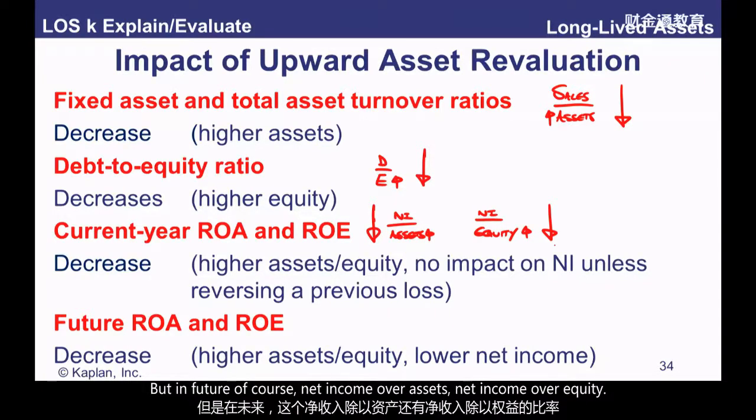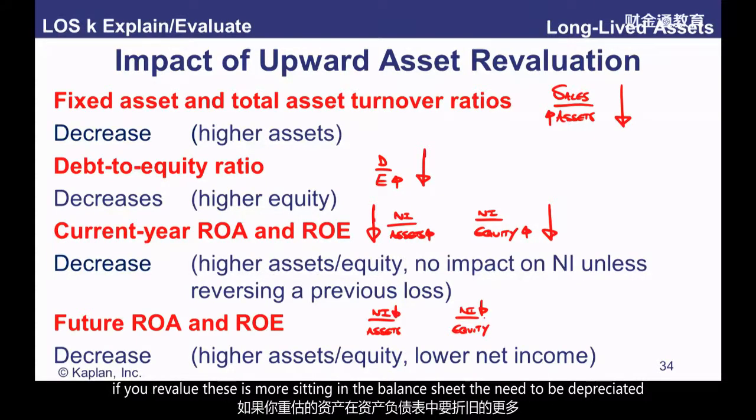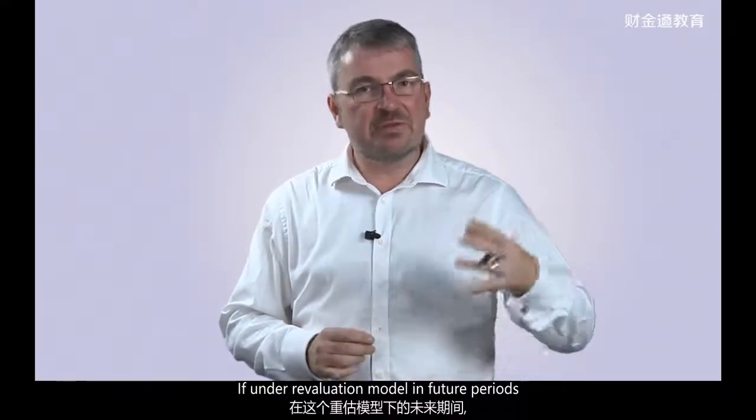But in future, of course, net income over assets or net income over equity, we're going to see the net income being adversely affected. If you revalue, there's now more sitting in the balance sheet needing to be depreciated, and therefore you're going to get lower net income under a revaluation model in future periods.